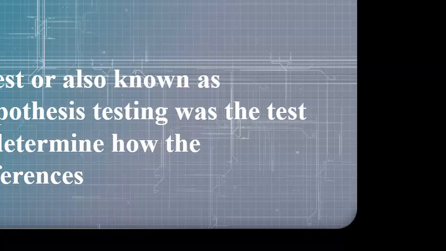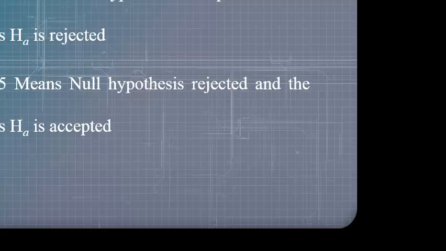So actually, what is a t-test? A t-test, also known as hypothesis testing, is a test to determine how the differences. There are many types of t-tests, but today we are going to focus on independent t-tests. The criteria for the t-test is, if the significance is greater than 0.05, it means the null hypothesis is accepted and the alternative hypothesis is rejected.